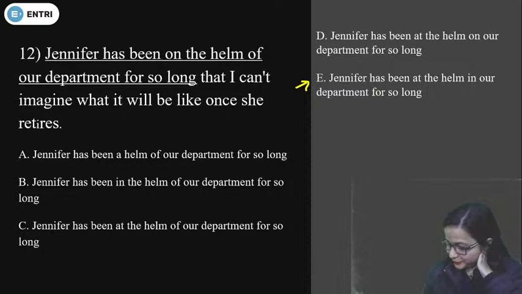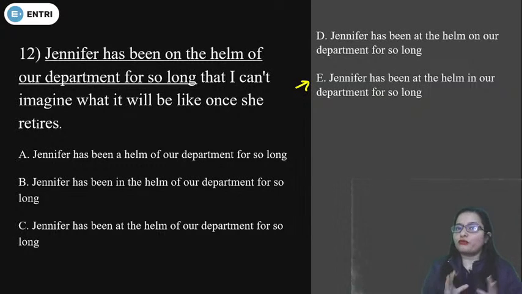Alright, guys. Now, what would you choose? Jennifer has been on the helm of our department. Now let me give you a hint here. It is based on vocabulary. The problem or the error or the improvement you can make is based on vocabulary. Okay, now try to figure out where the problem is.